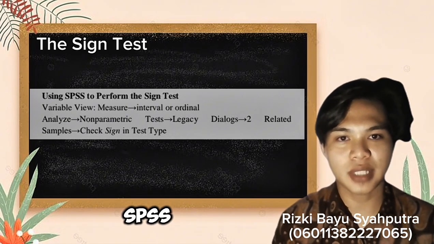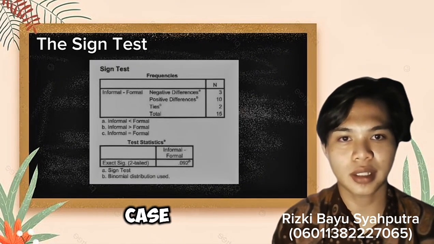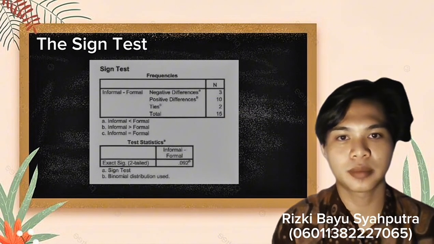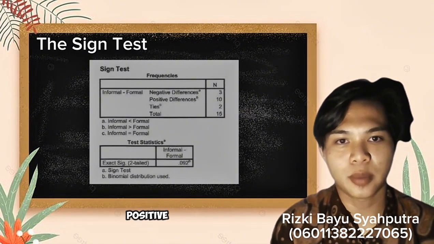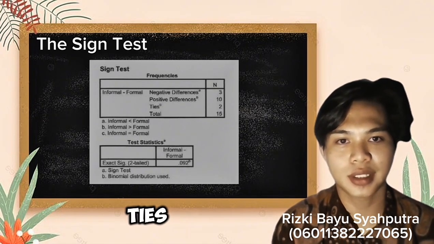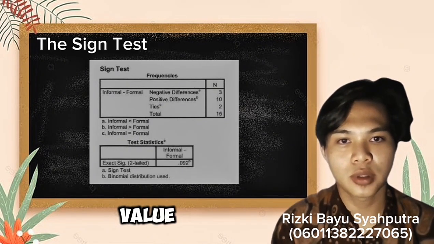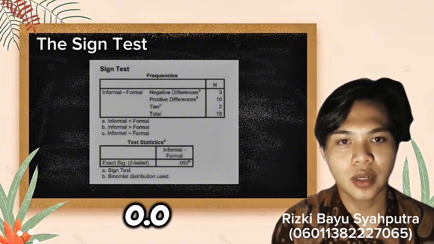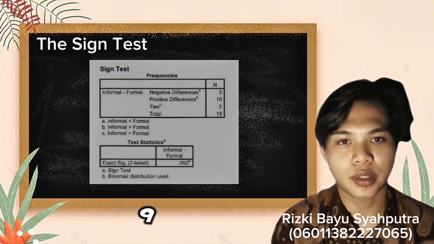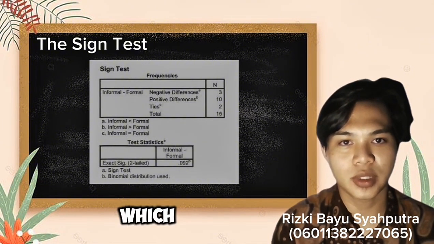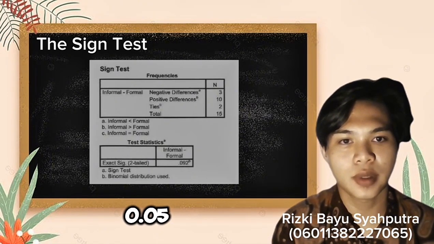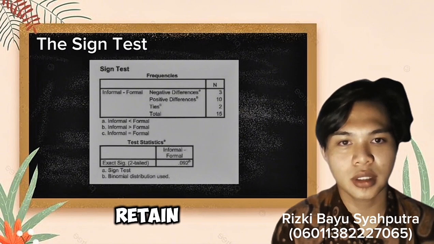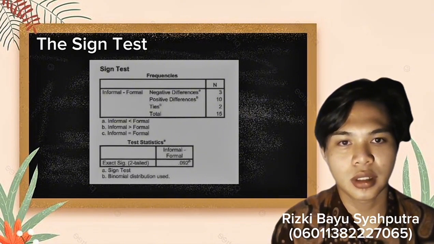The SPSS output in this case confirms the same results. There are 3 negative differences, 10 positive differences, and 2 ties. The two-tailed p-value is 0.092, which is greater than 0.05. So again, we retain the null hypothesis in a non-directional test.